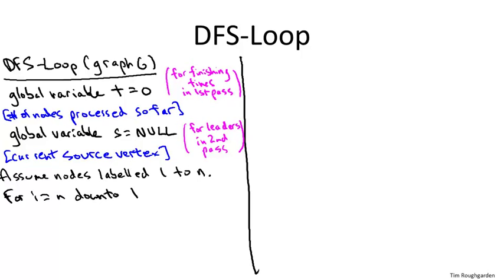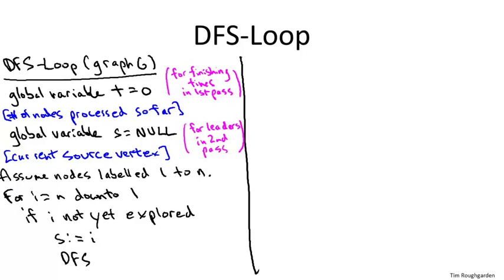As usual, we're going to be maintaining a local Boolean to keep track of whether we've already seen a node yet in one of the DFS passes. Now remember, the global variable s is responsible for keeping track of the most recent node from which depth first search had been initiated. So if i is not explored and we initiate a depth first search from it, we better reset s. And then we do the usual DFS in G, starting from the source node i.